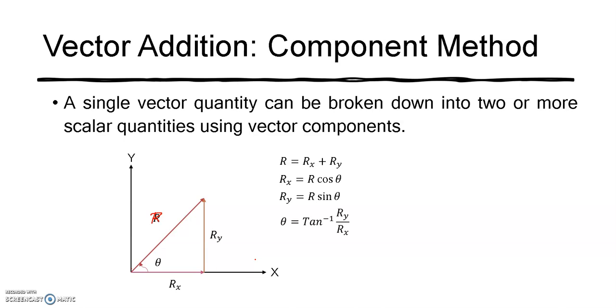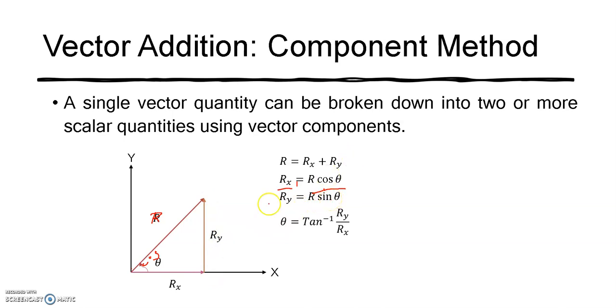Therefore, you will now apply the right triangle principle as you have learned during your trigonometry course. To get the relationship, simply write Rx is equal to R cosine of theta, and Ry is equivalent to R sine of theta.